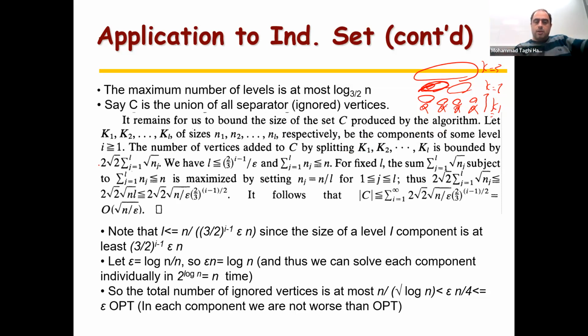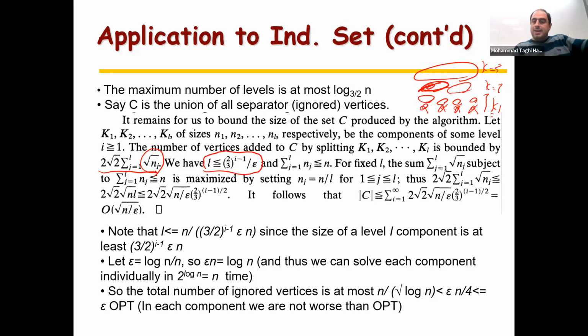You can show that the worst case essentially happens when all of them is just one component. And in that case, because of the separator theorem, I know that this would be at most a square root of the size of this at each level. I know that L is at most (2/3)^(i-1) over epsilon.